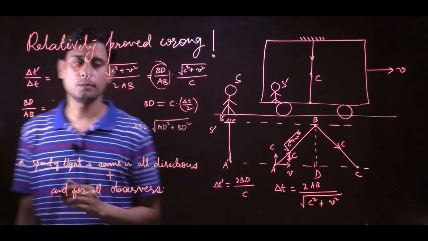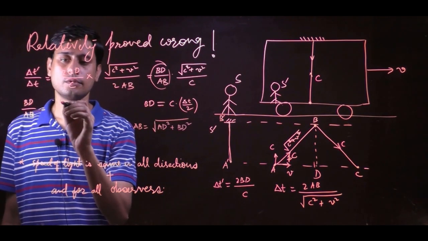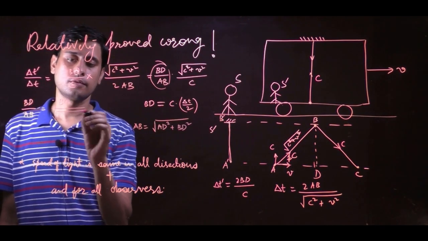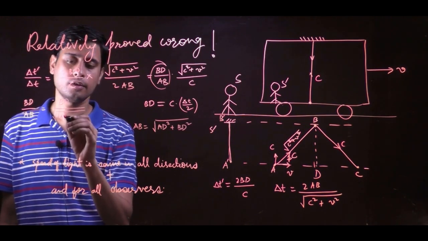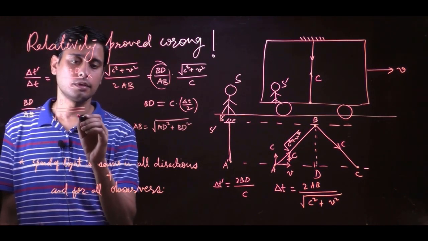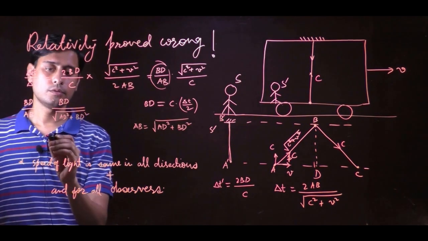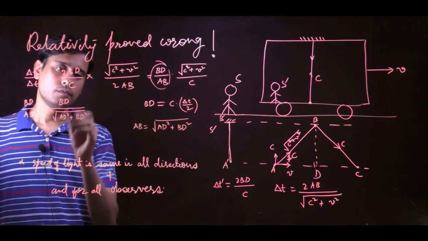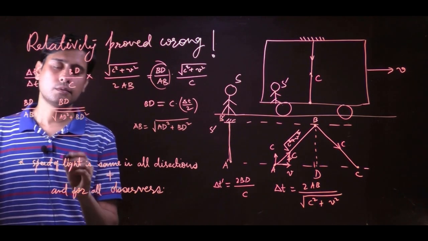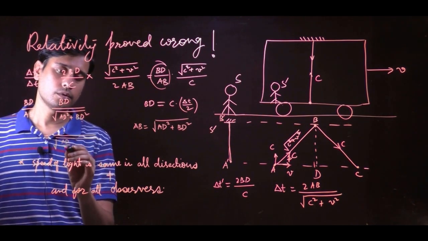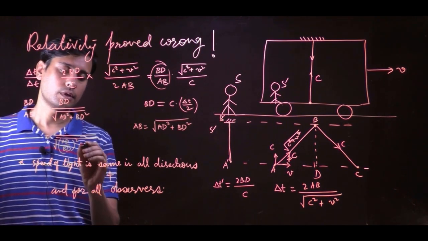So BD upon AB is BD over the square root of AD square plus BD square. Now we divide numerator and denominator by BD, so it comes out to be 1 upon square root of AD upon BD whole square plus 1.